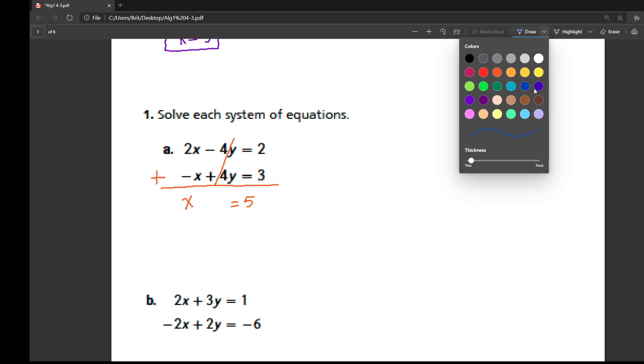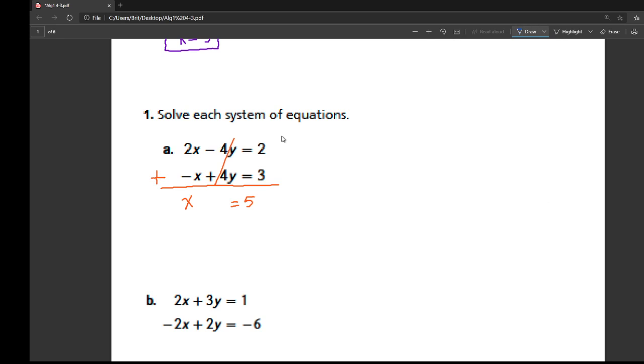So then we can pick one of the two equations. I'm just going to pick the top one. And where the x is, I'm going to replace it with the 5 that we just got. So 2 times 5, that's 10. And I'm going to subtract that 10 from both sides of the equal sign, because we're trying to get the y by itself.